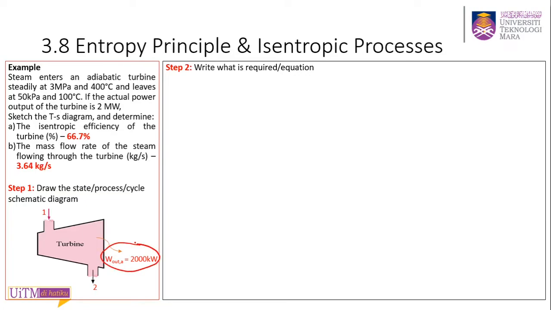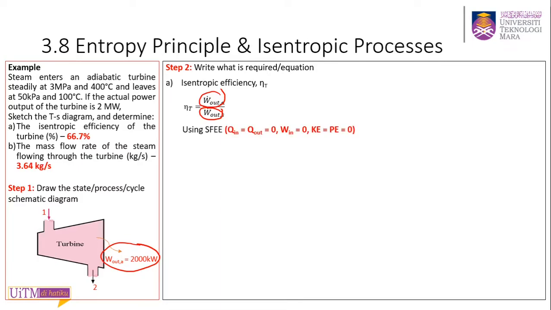For step 2, to solve for isentropic efficiency, we will use the isentropic efficiency equation for turbines. Now, in this equation, the term for work output is obtained from using the steady flow energy equation, and remember to write the conditions given in the question.